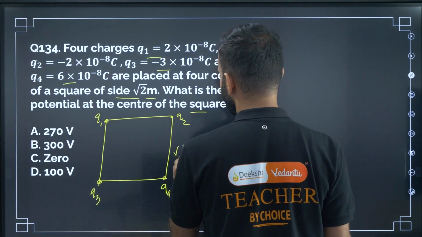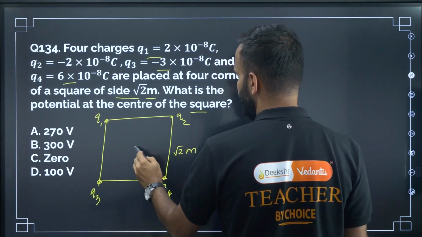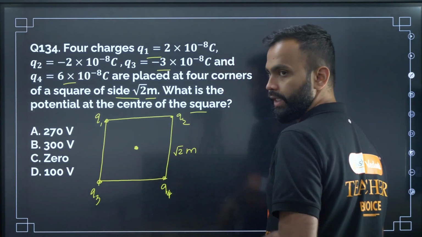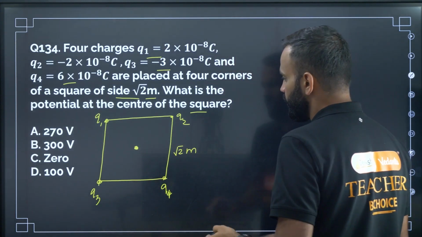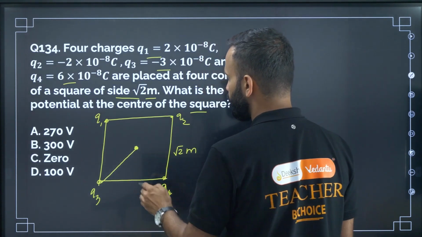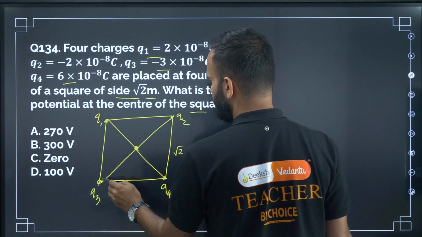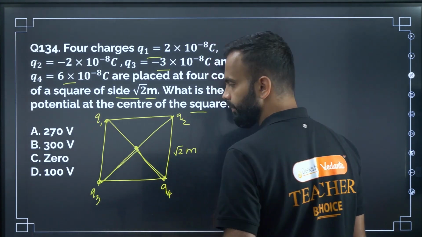Side of the square is √2 meter. So what is the potential at the center of the square? Potential at the center of the square we need to find. So potential at the center of the square is potential due to Q1, potential due to Q2, potential due to Q3, potential due to Q4.